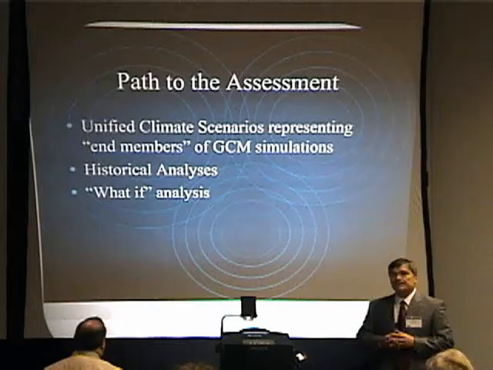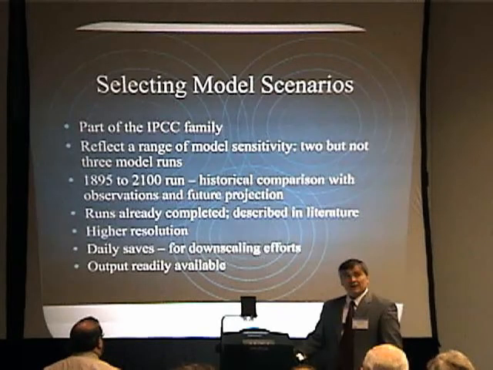With so many general circulation models around the world, you can imagine it's a challenge to select which one you would like to use or which ones you'd like to use. These were the criteria that were provided. One is we wanted it to be part of the Intergovernmental Panel on Climate Change set of model simulations. This provides a context with all of the other different models.